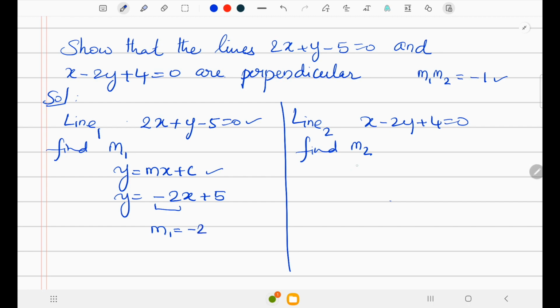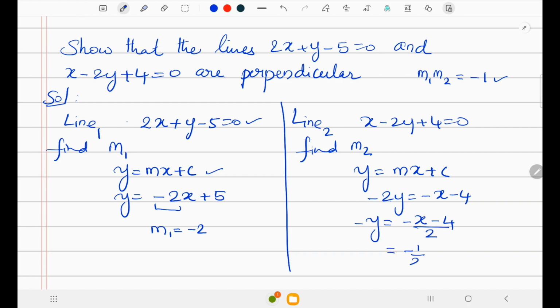Similarly, we need to find the gradient for the second line. So rearrange this one, we will get minus 2y equals minus x minus 4. Minus y equals minus x minus 4 divided by 2, which equals minus 1 by 2 of x minus 2.